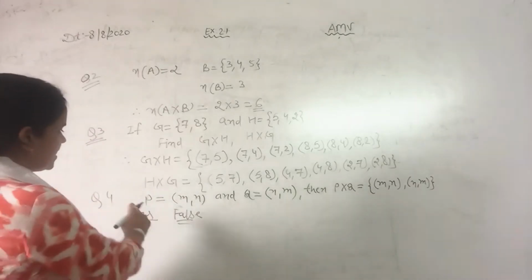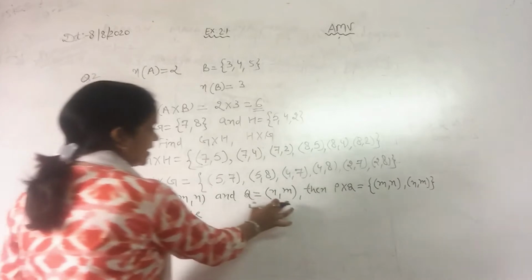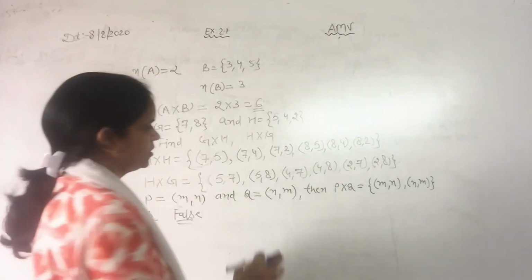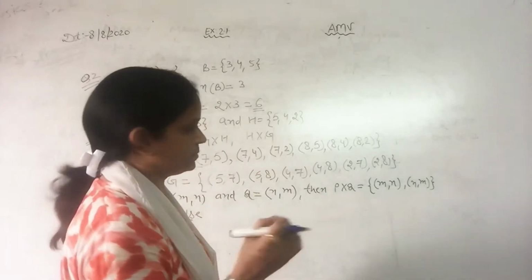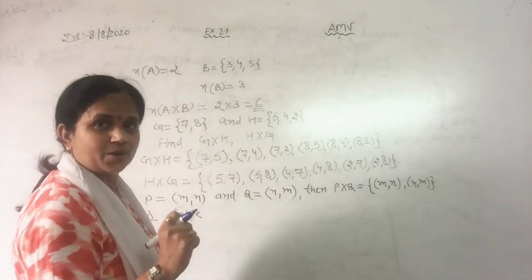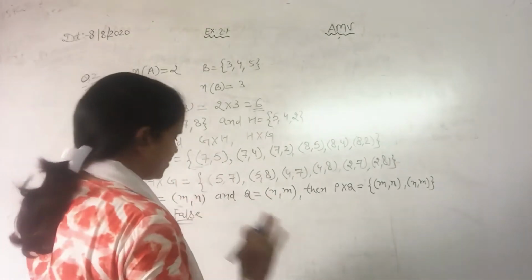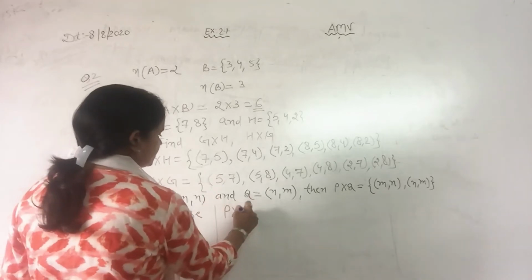Okay, since in set P there are 2 elements and Q is also 2, the number of elements of Cartesian product P×Q must be 4, but only 2 elements are given. So it's false. We have to write the statement correctly.